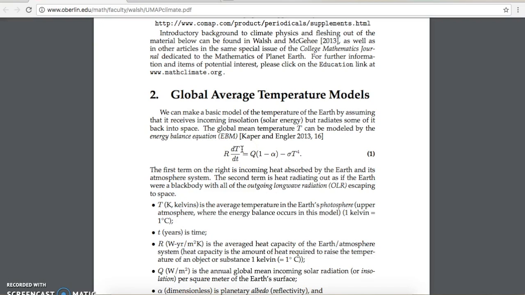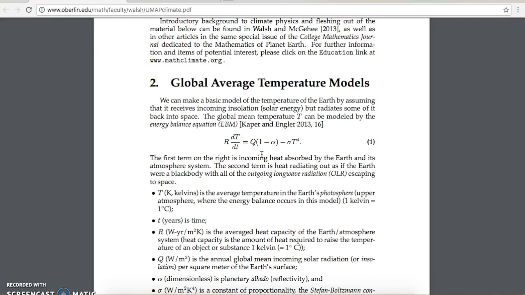The equation as it stands is the energy balance equation, and Dr. Walsh credits it to Caper and Engler. Here it's saying that the heat capacity times the change in temperature over the change in time is equal to the solar radiation incident on the Earth per square meter times 1 minus the planetary albedo, which is the reflectivity of the Earth, minus some constant by the temperature to the fourth.